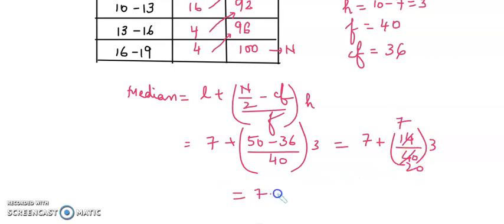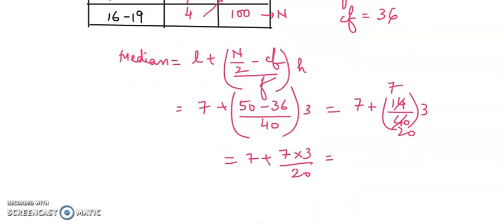So that will give me 7 plus 7 times 3 divided by 20, which is equal to 7 plus 21 divided by 20, which is 7 plus 1.05, which gives me 8.05.